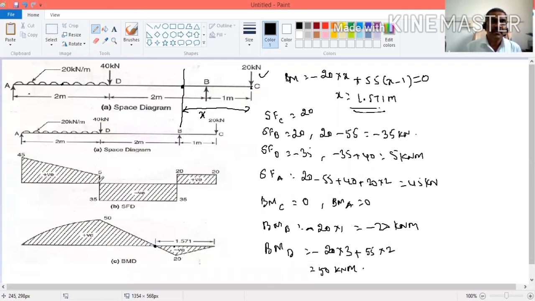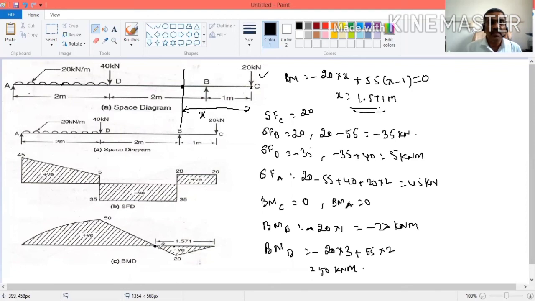One is wherever the shear force sign changes, from positive to negative, the corresponding point has maximum bending moment. Here again it changes from negative to positive, and at this point also bending moment is maximum. Out of these two, this is the maximum.